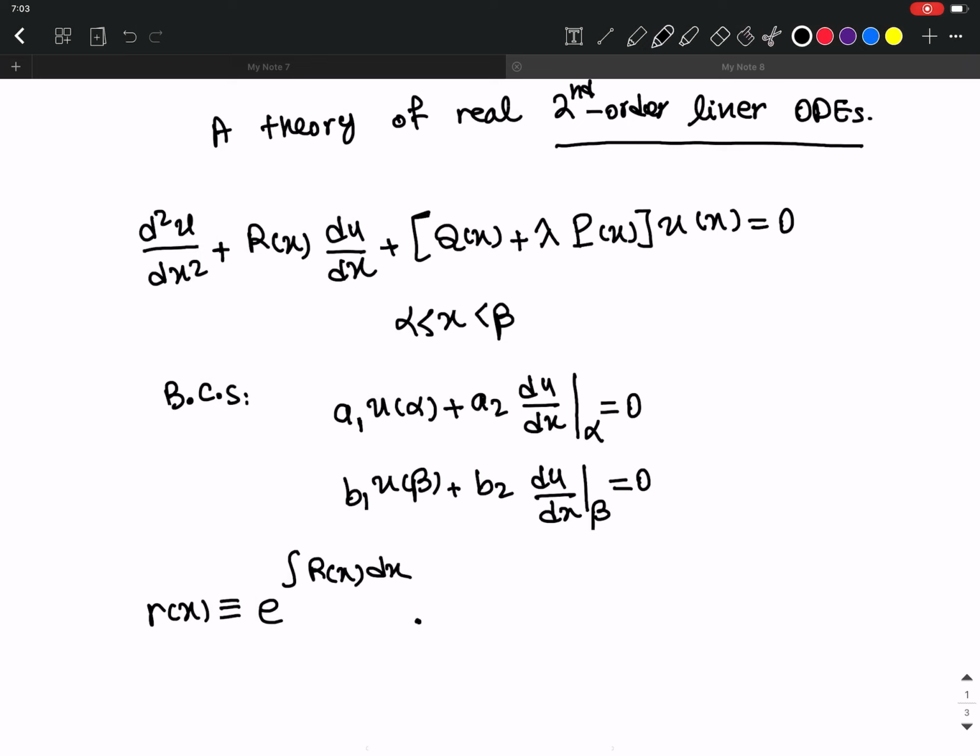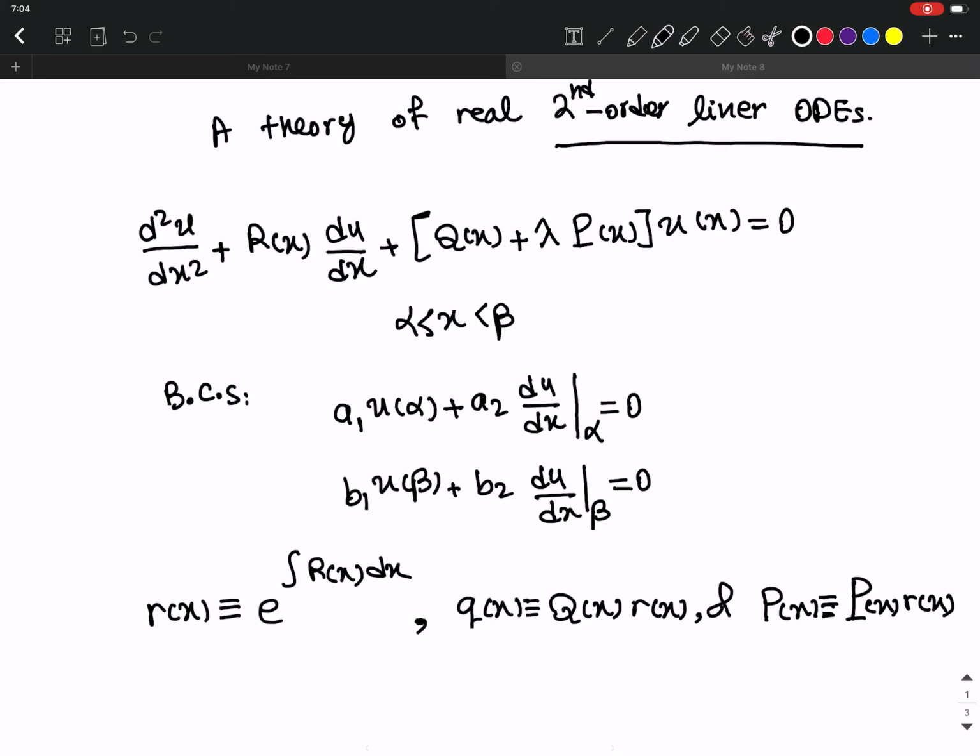This is the first function I'm going to define. The second function is small q(x), which is capital Q(x) times r(x). And the third function is small p(x), which is capital P(x) times r(x).